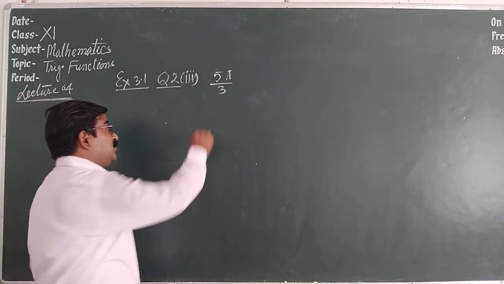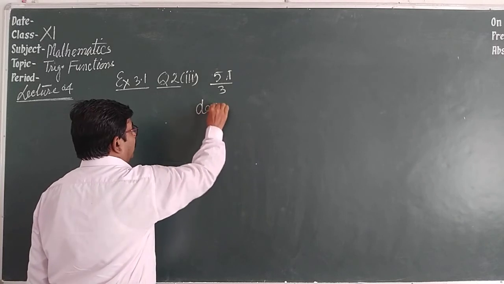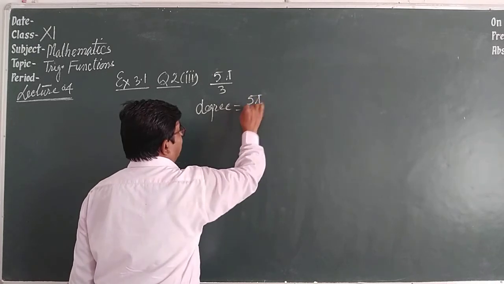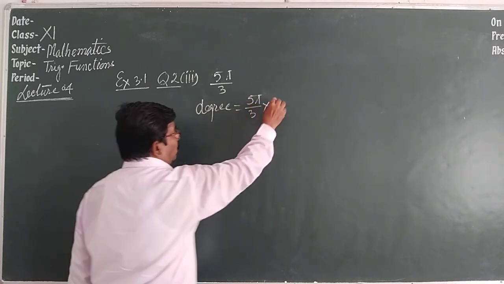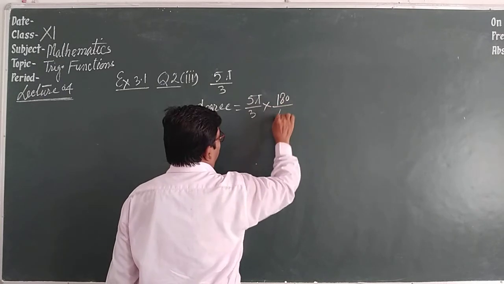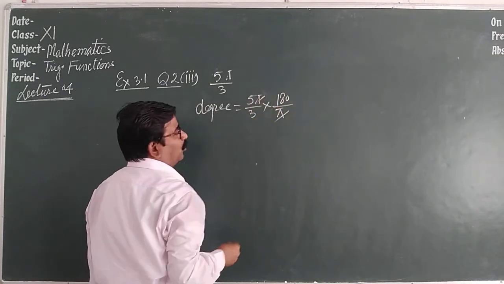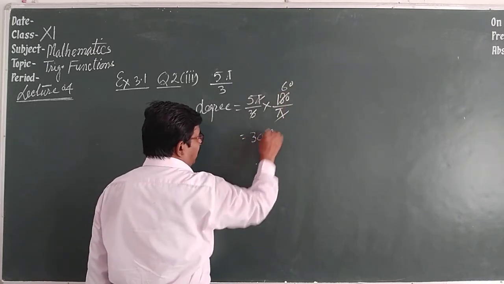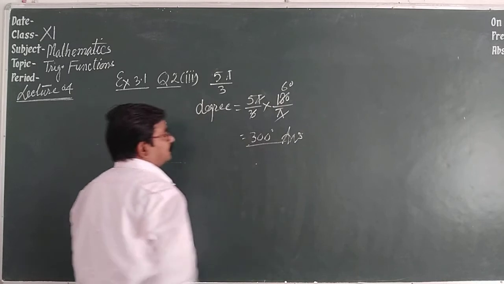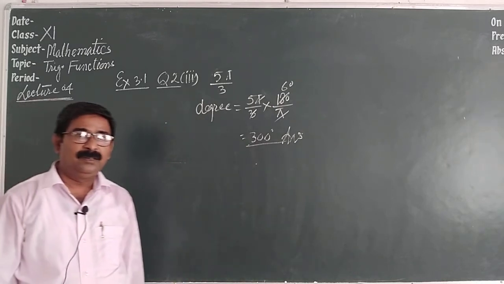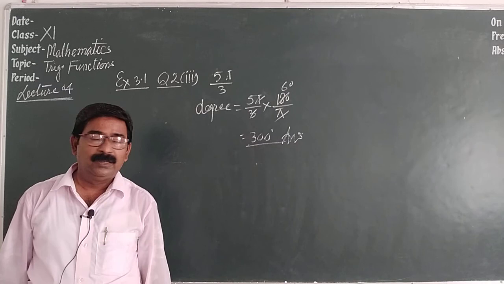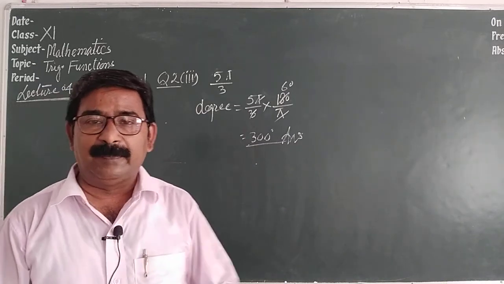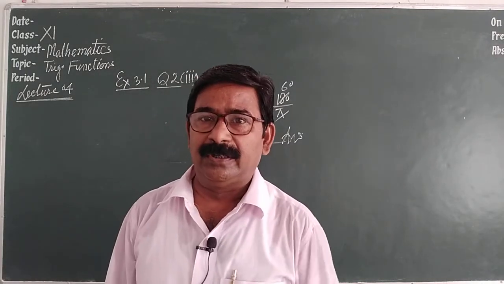And when you change into degree, what is this? 5 pi by 3 into 180 upon pi. This pi and pi will go. 3 6s are 18, 6 5s are 30. 300 degrees is the answer. Pi and pi cancelled, so no need to keep the value of pi. So this is the third part. The fourth part is the same as the third part. So I think you can do it. Got it?